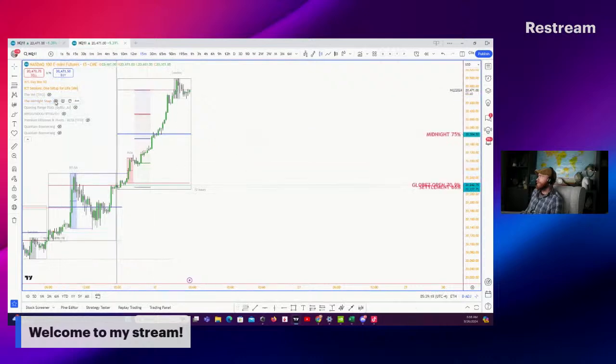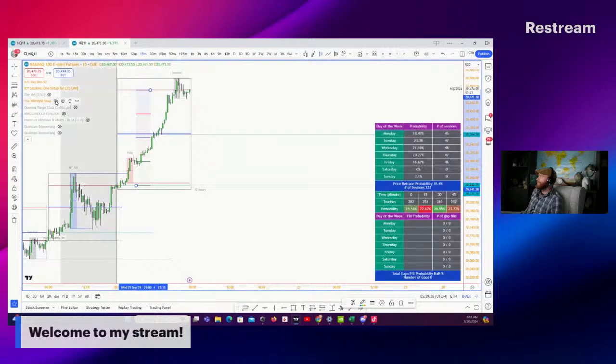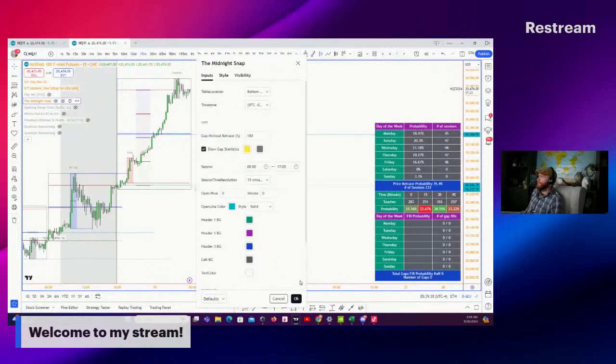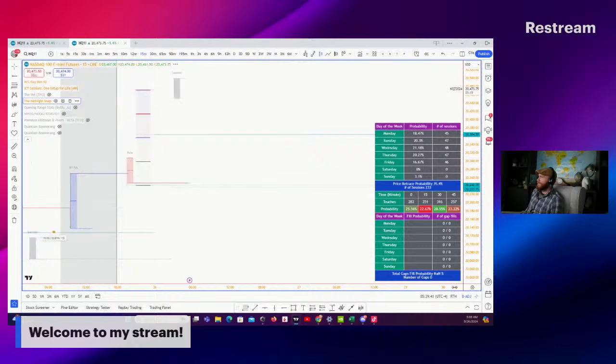Let's turn off midnight snap. The closer we get to RTH, we know that there's a 50% chance that this gets tagged. I guess I should have put the probabilities in. Let's put the probabilities next to this. Got to go to regular trading hours.